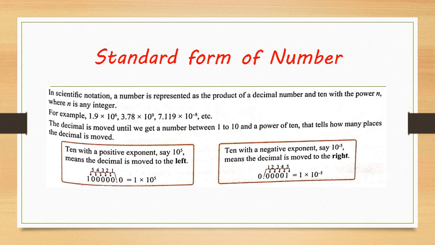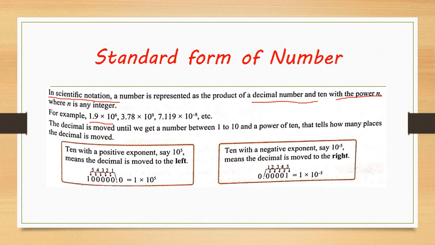Standard form is also known as scientific notation. In scientific notation, a number is represented as the product of a decimal number and 10 to the power n. We can see an example.